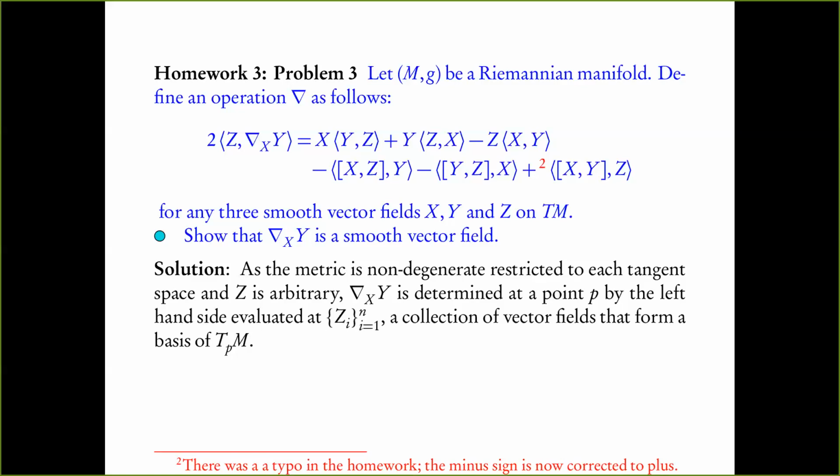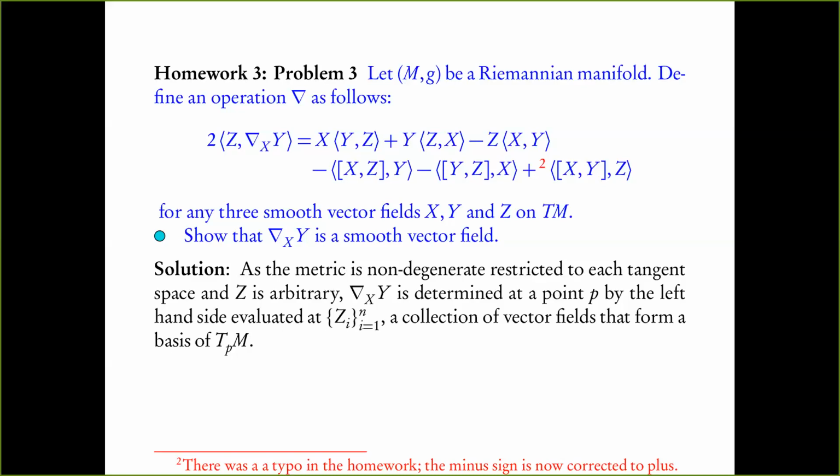So what I could do is use a bump function and multiply the bump function with each of the vector fields, cut it off inside U so that it becomes a globally defined smooth vector field. But inside U, it looks like an extension of d by dx1, d by dx2, up to d by dxn. But d by dxi was a basis. So these vector fields z1, z2, zn will be a basis in a perhaps smaller neighborhood around p.